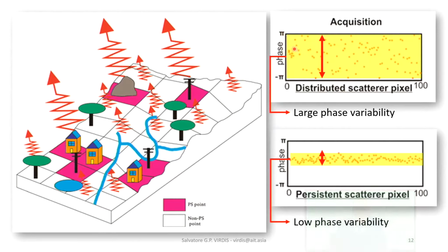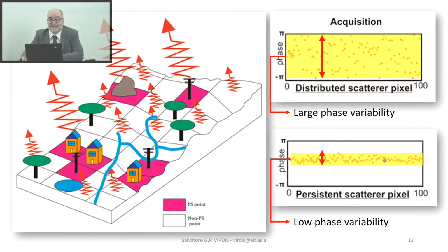In time, a non-permanent scatterer shows a high variation of the phase, while a persistent or permanent scatterer keeps the phase varying very little. So it keeps its phase almost constant in time. The goal of persistent scatterer interferometry is to select those pixels and then make interferometric processing only on these selected pixels.